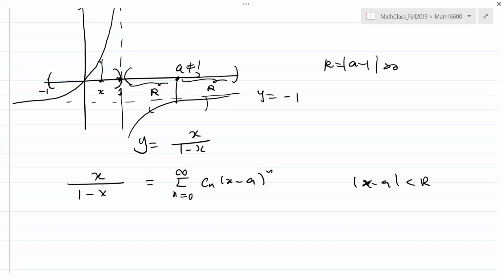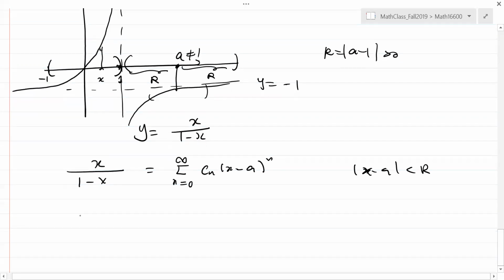It's not trivial, so this is the standard technique. We're going to do that. How can I do it?